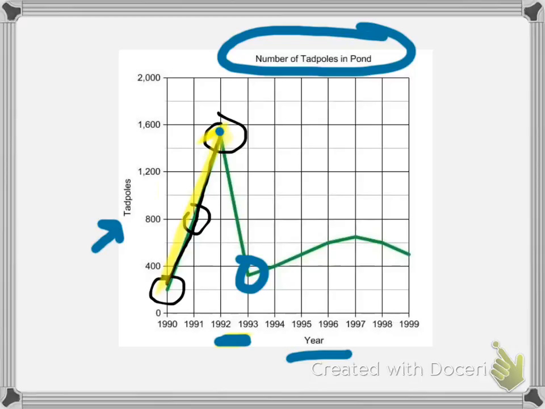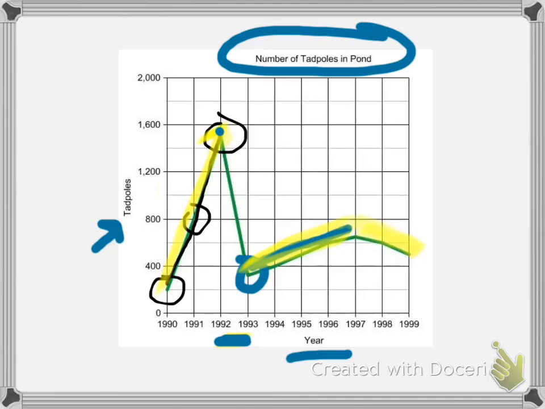And then if you look at the way this story continues to go, after 1993, there's a slow increase in the amount of tadpoles, and then a slow decrease in the amount of tadpoles. You might look at this and wonder what was going on.